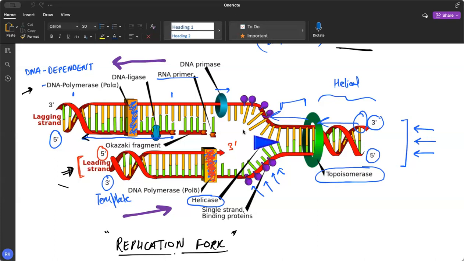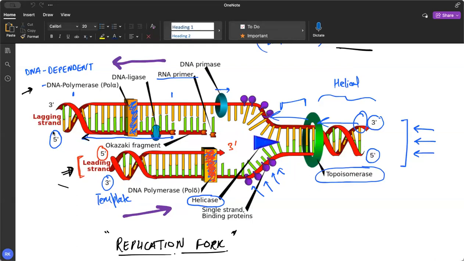Yes, sir. In other words, if we talk about directionality, keeping the parental DNA in mind, the 5 prime to 3 prime strand of the parental DNA will be producing the lagging strand, right?